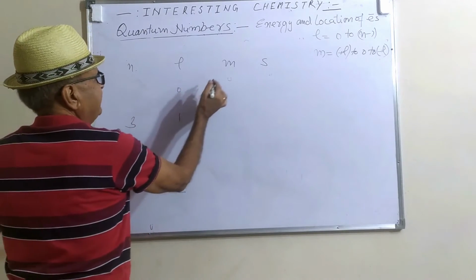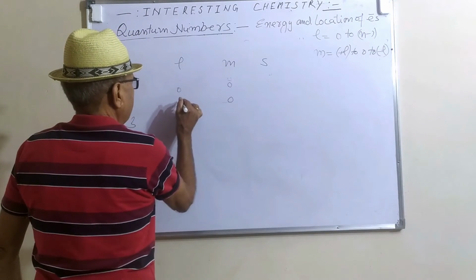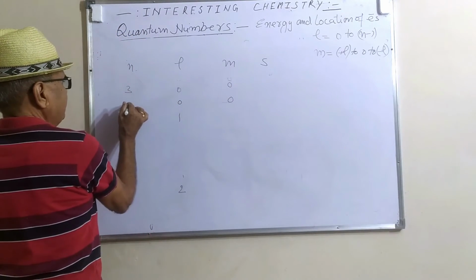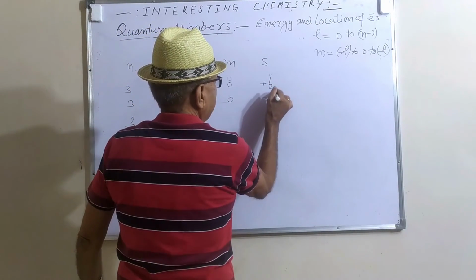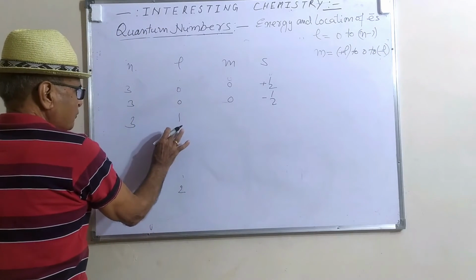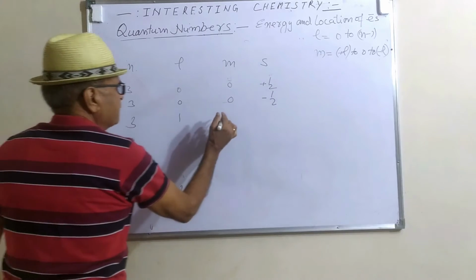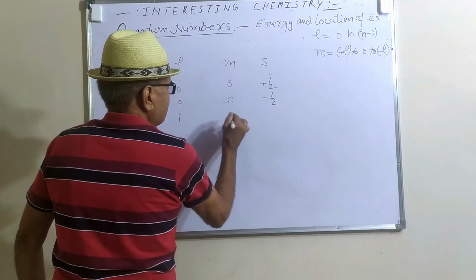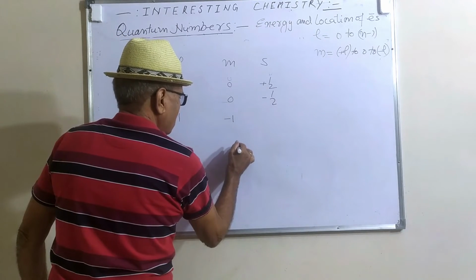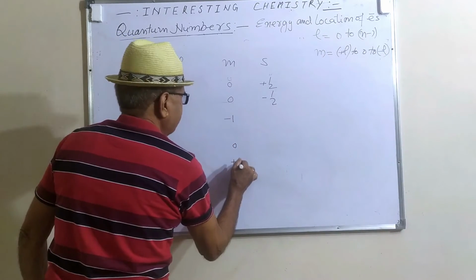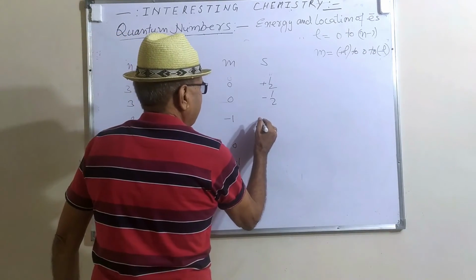Again, for L equal to 0, m is also 0, so you can write 3s, with plus half and minus half. In this way, for L equal to 1, m is minus 1, 0 and plus 1.